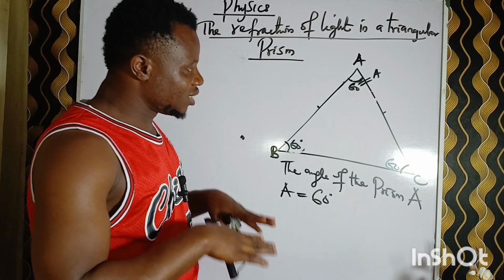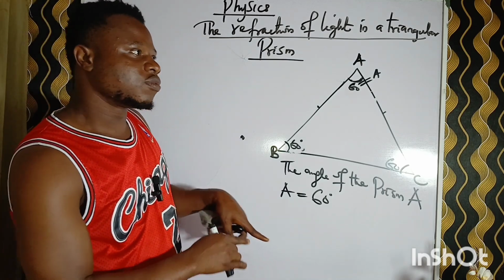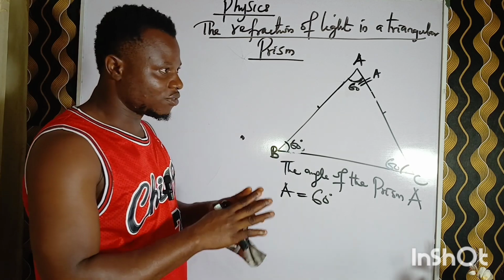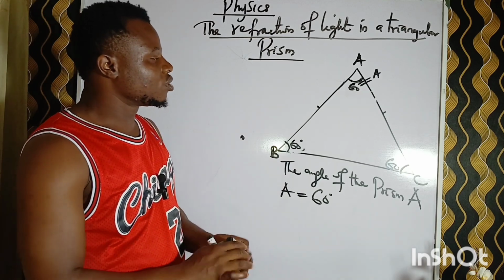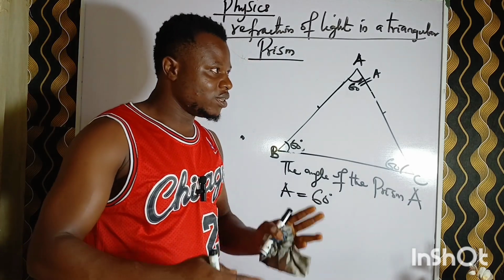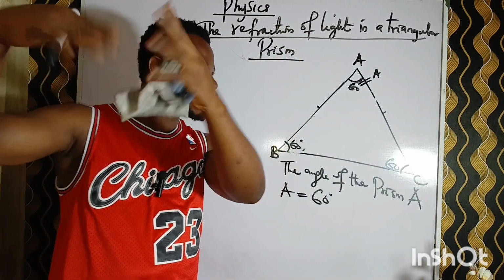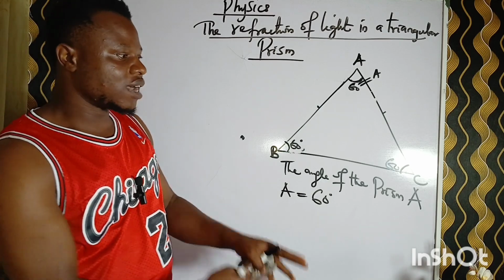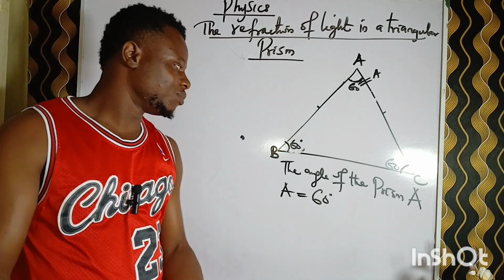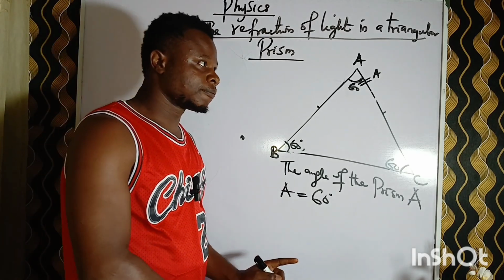But the one I want to treat today is not the small angle of incidence. The one I want to teach now is the one that will come out from this side, which is a big angle of incidence, maybe from 25, 30, 35, and so on. But the ones of 5, 10, 15, 20, which will come out from this side, is not what I'm treating today.